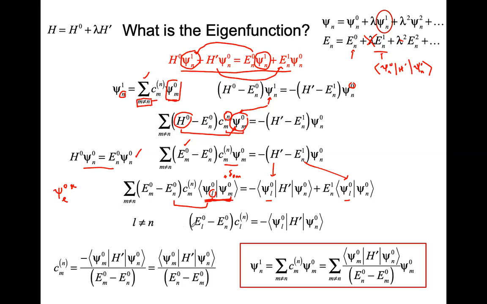M becomes L to make that work. N stays as N. This guy becomes L, and I used to have a sum, but now I don't anymore. I've just got the one term in the sum that isn't 0. And again, now instead of M not being equal to N, L can't be equal to N.